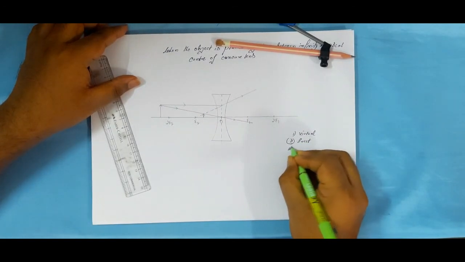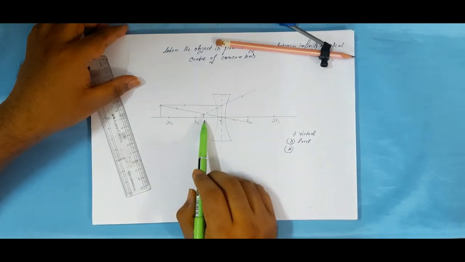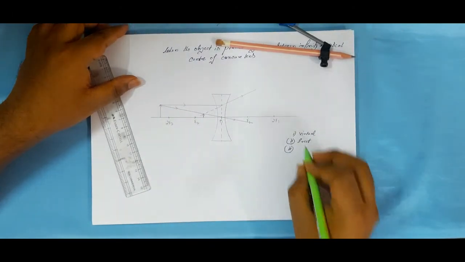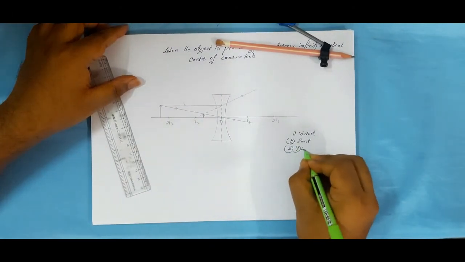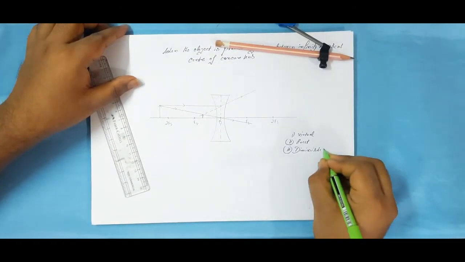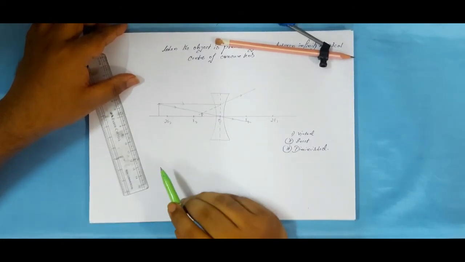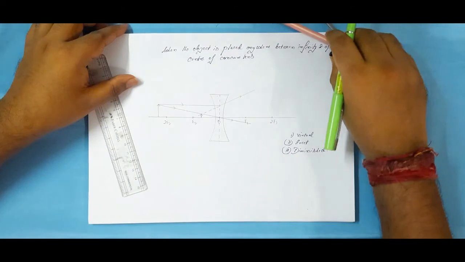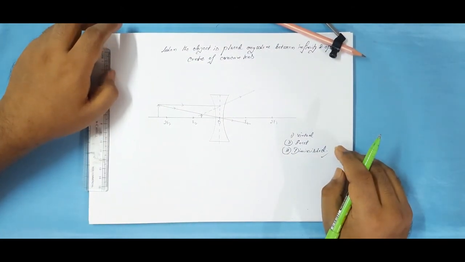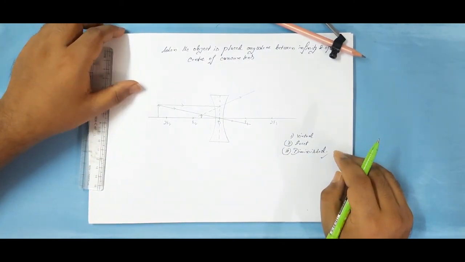And number 3, the size of the image is much smaller than that of the object, therefore it is diminished, and the image is formed between the optical center and F2. So these are the characteristics of the image formed anywhere between infinity and optical center of a concave lens.